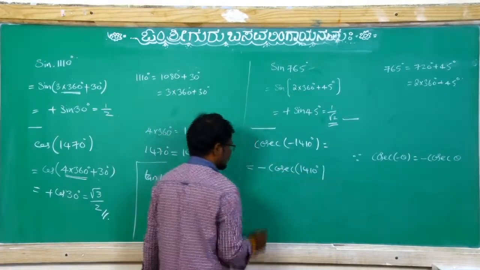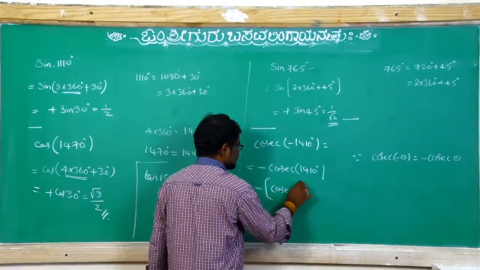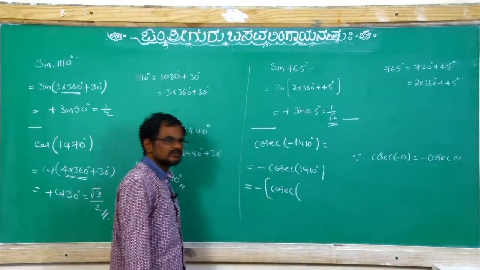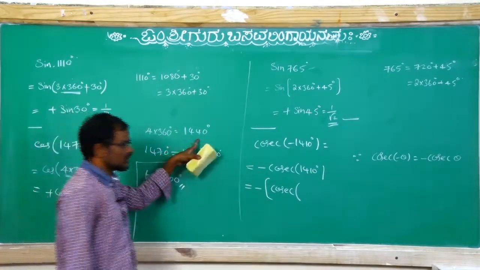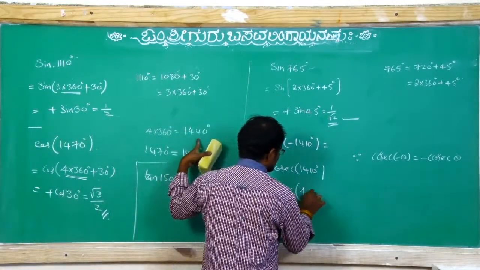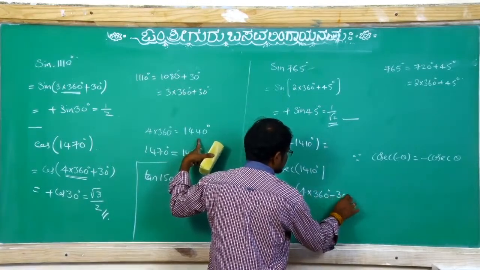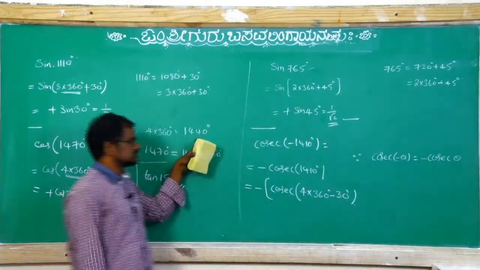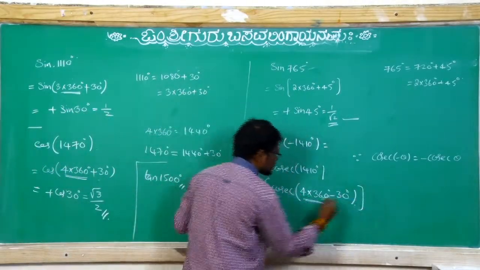degrees, that is equal to minus of cosecant of 1410 degrees. 4 into 360 is 1440. So 4 into 360 minus 30. Now multiple of 360 minus, which quadrant?